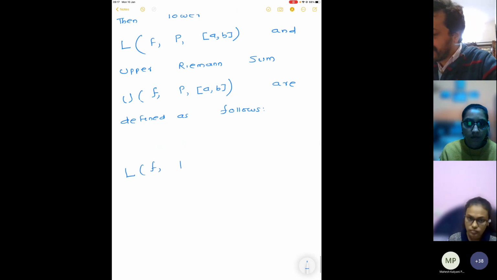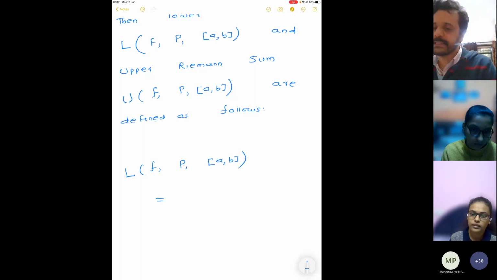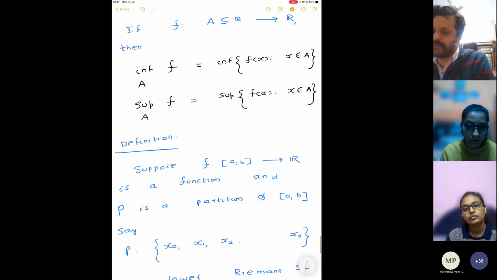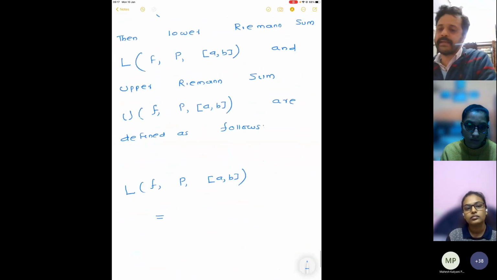Lower Riemann sum L f P AB is equal to, what you do is you partition. Once you partition, you will get subintervals. In each of the subintervals, you want to approximate the function by a constant. Which constant would I take? Instead of f of x, x varying over xj minus 1 xj, you consider f of x to be the same constant, and that constant is the infimum. Then you will get the lower Riemann sum.